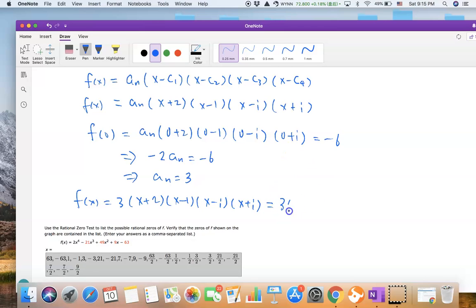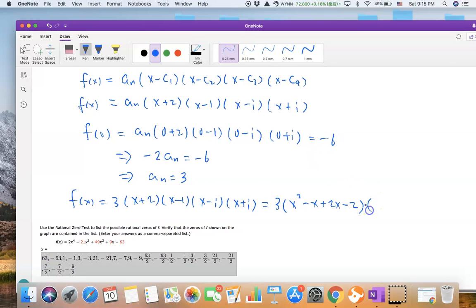So x plus 2 times x minus 1, I'll get x squared minus x plus 2x minus 2. And x minus i times x plus i will get x squared plus i times x minus i times x plus 1.